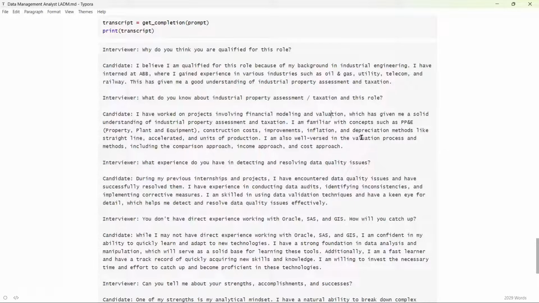I'm also well-versed in the valuation process and methods, including the comparison approach, income approach, and cost approach. So you just mentioned some of the facts spot on, just to demonstrate that you have done your research, you know the domain knowledge to some extent, and this is pretty smooth, right?